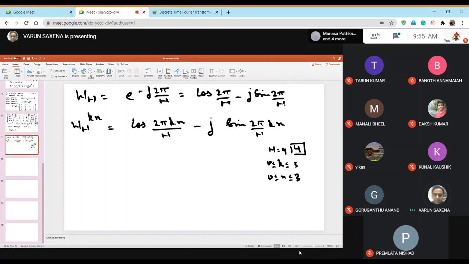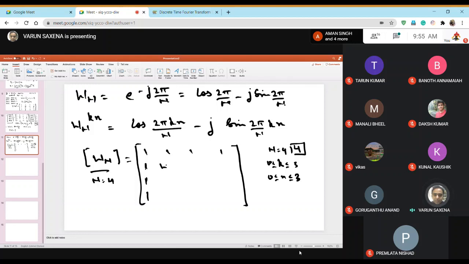So if you were to make a twiddle matrix, if you remember what this matrix was, the properties of this matrix are as follows. It is 1 1 1 1 in the first row, so the first row will always be equal to this. We are evaluating this at N equal to 4.